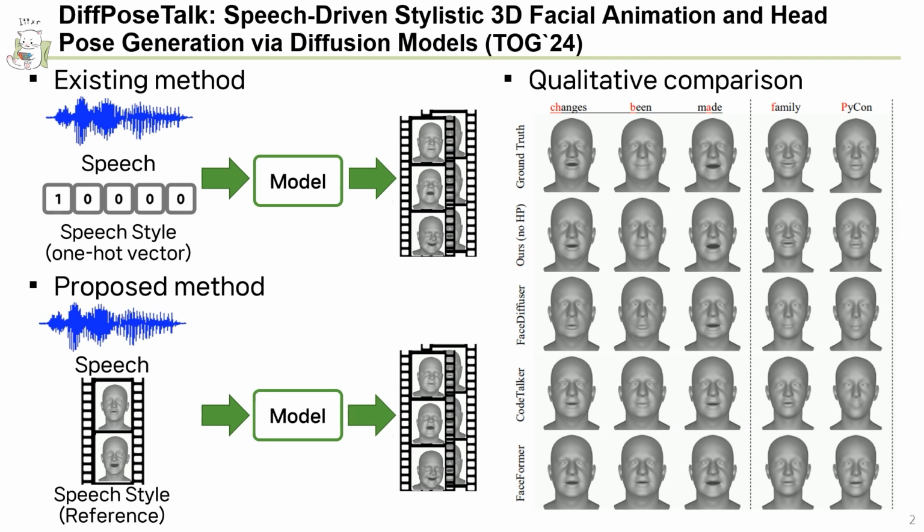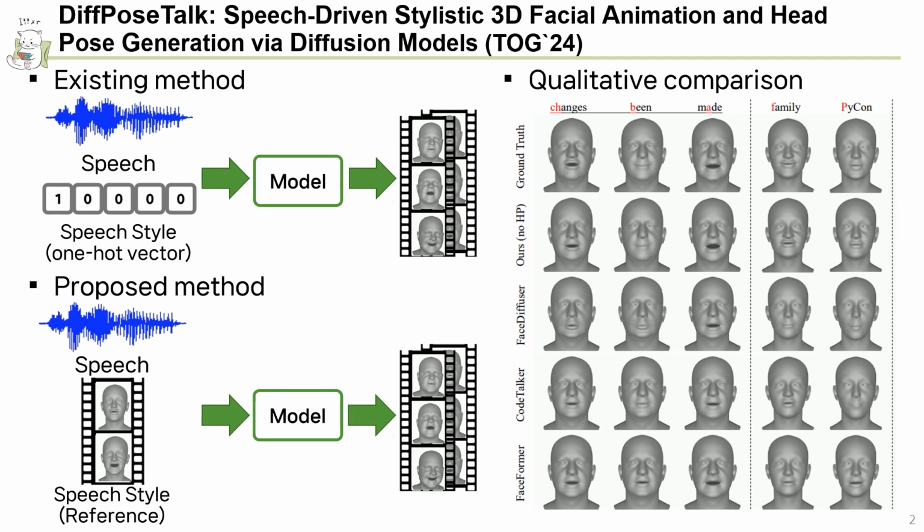The image on the slide shows a qualitative comparison between DiffPoseTalk and existing models. The top row, labeled ground truth, represents real 3D facial expressions extracted from video data, while the rows below show the outputs of different models. Looking at the highlighted words like "changes" and "made", we can compare the accuracy of lip shapes.